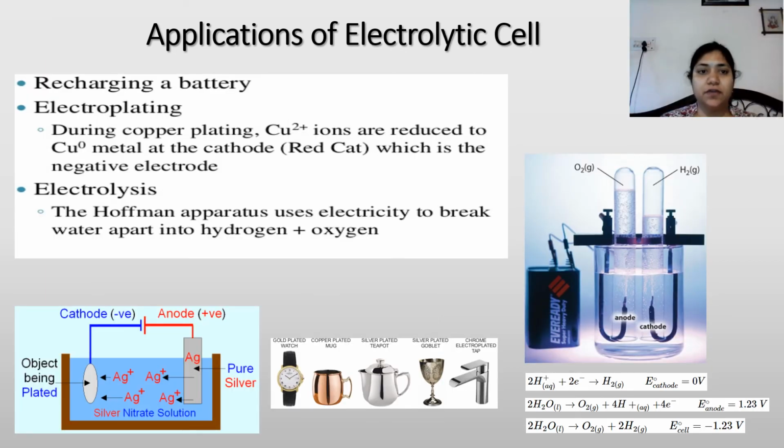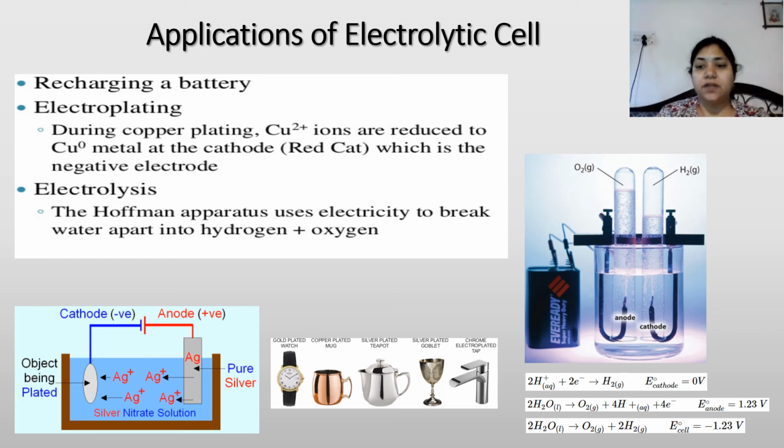Applications of electrolytic cell. The main applications of electrolytic cell are recharging a battery, electroplating, and electrolysis. In case of recharging a battery, when we are talking about rechargeable batteries, initially when the battery is giving electricity, that is known as galvanic cell.